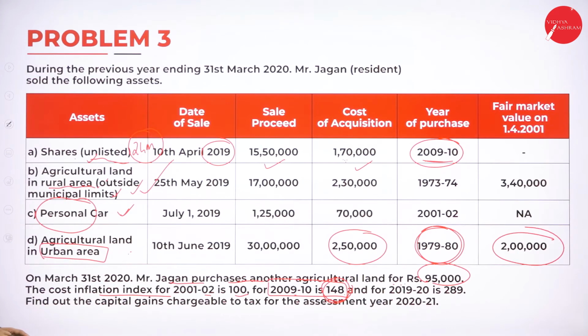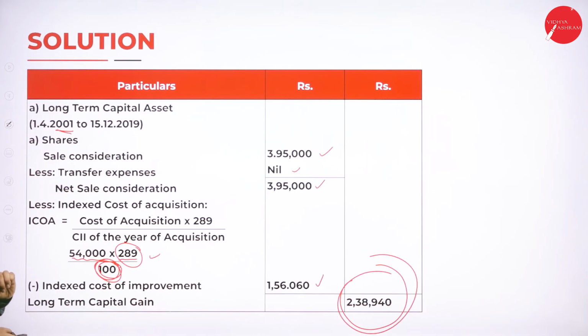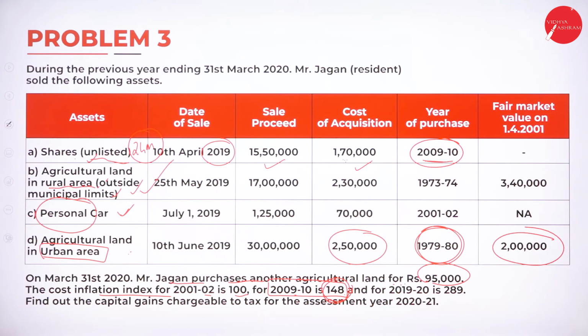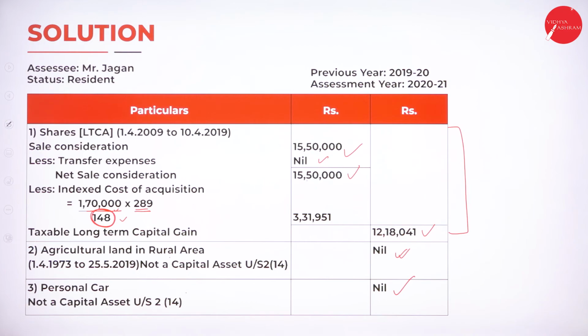Now I'll go back to all the slides of your problem number 3. Yes, this is your problem number 3. 1, 2, 3, 4. First one is what? Shares. The answer for shares. And the second one is agricultural land. It is in a rural area, so nil. Third one, personal car.